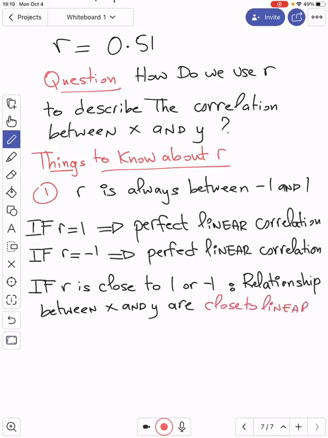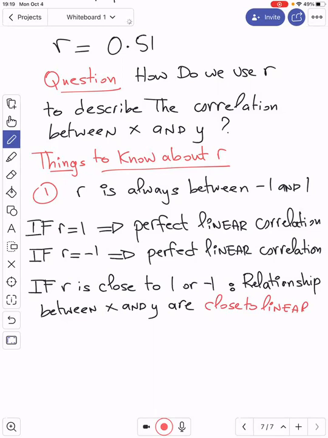Which means that your scatter diagram, the data, resembles a line. It's not a straight line, but it resembles a line.